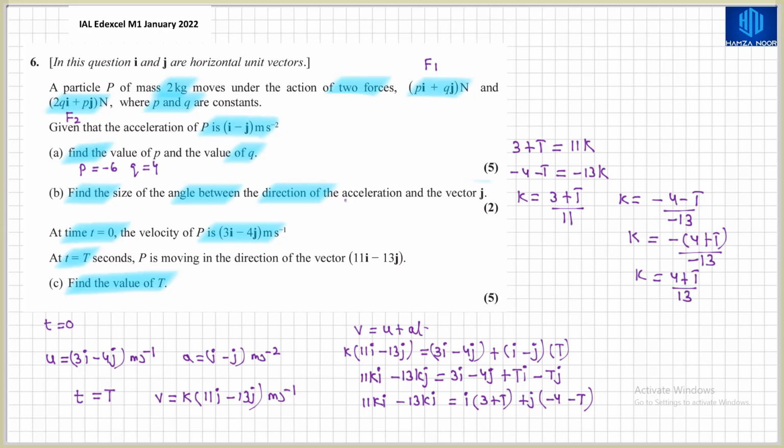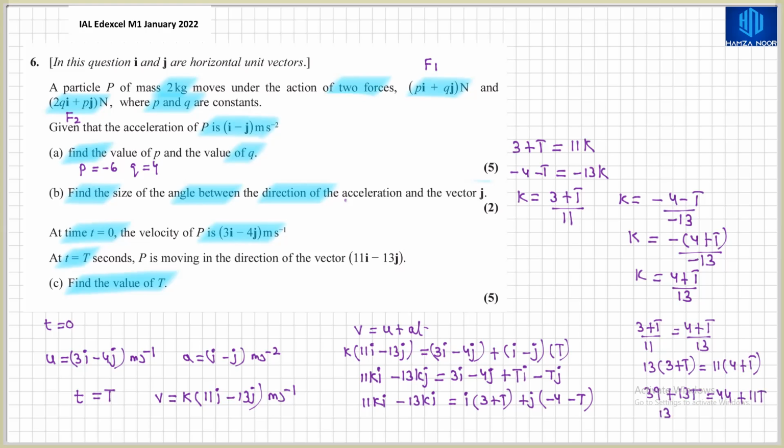So we equate k with k. Therefore (3 plus T) over 11 is equal to (4 plus T) over 13. So 13 times (3 plus T) is equal to 11 times (4 plus T). 13 times 3 is 39, so 39 plus 13T is equal to 44 plus 11T.